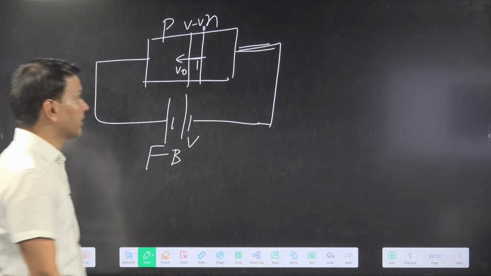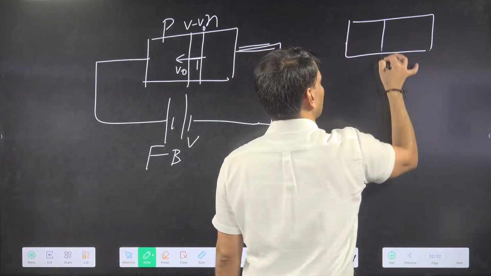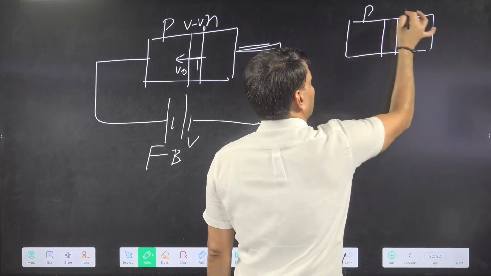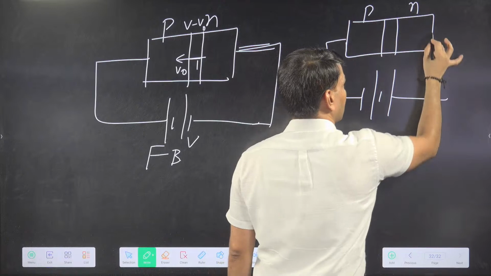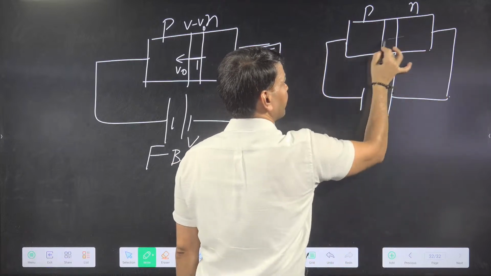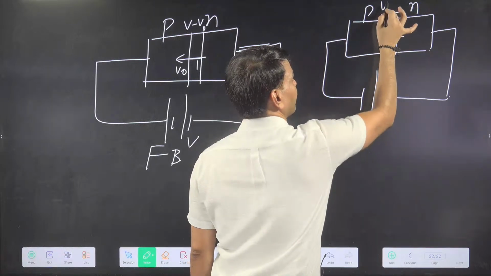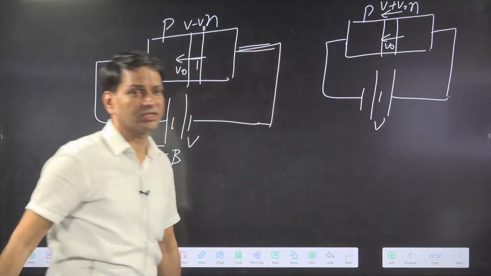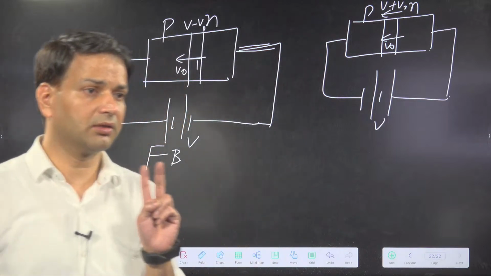In reverse biasing, what will happen? Now suppose the depletion potential is V0 and you apply V. So what is the net potential? Here you will get V plus V0, because the reverse potential will increase. So in that case, the depletion layer will be thicker.